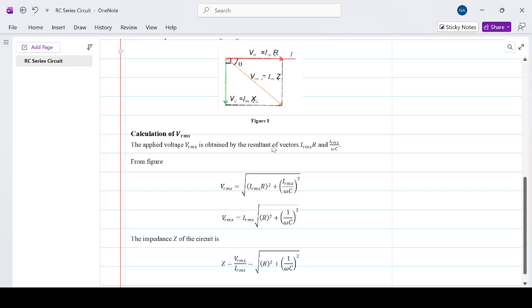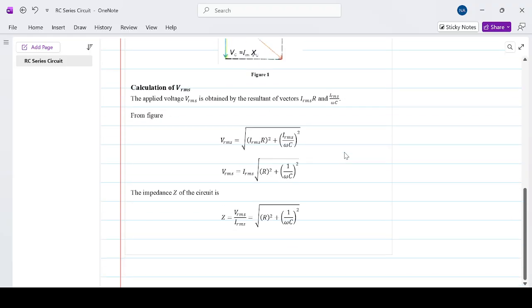So from the figure, the applied voltage VRMS is obtained by the resultant of vectors, and for this calculation we consider the figure above.